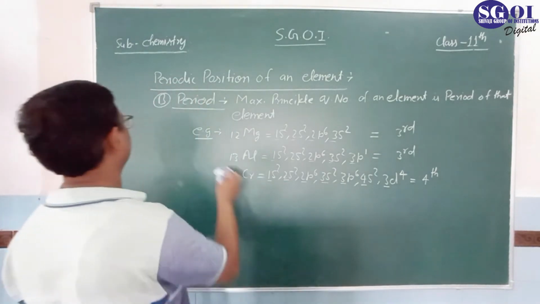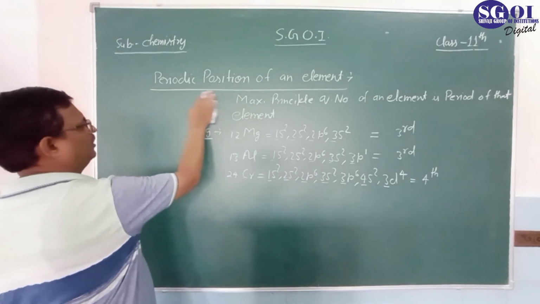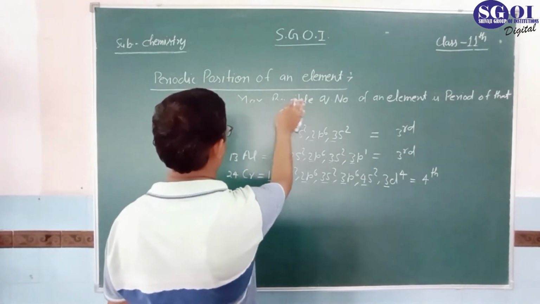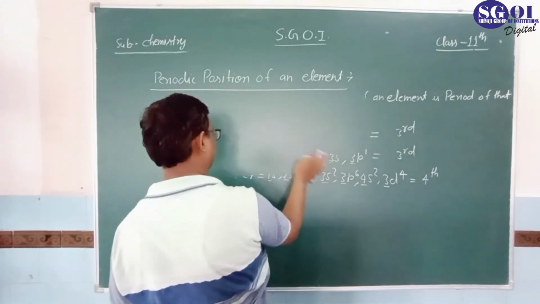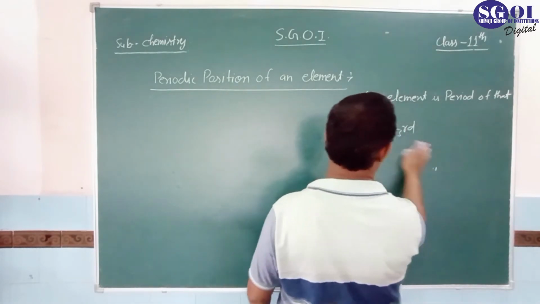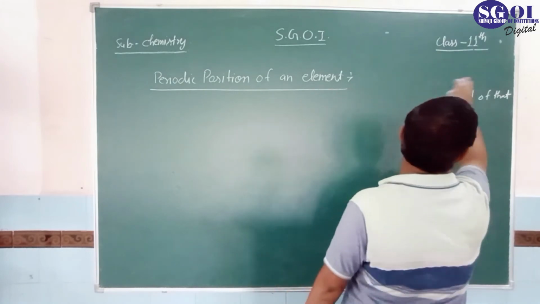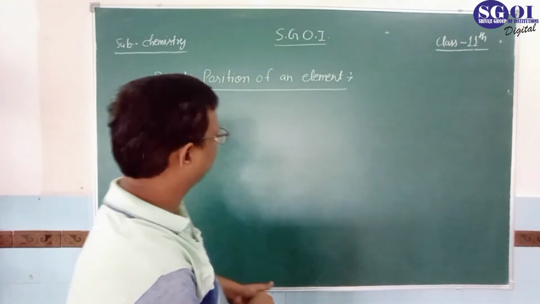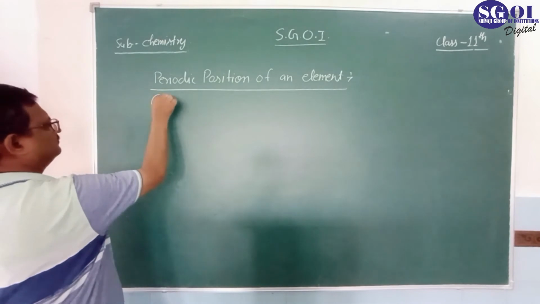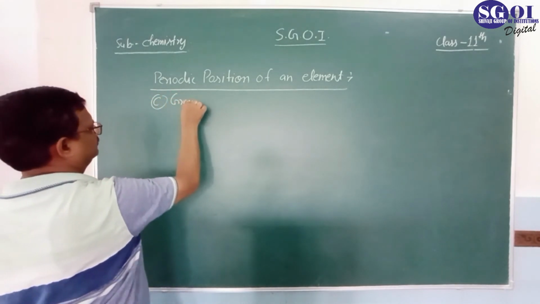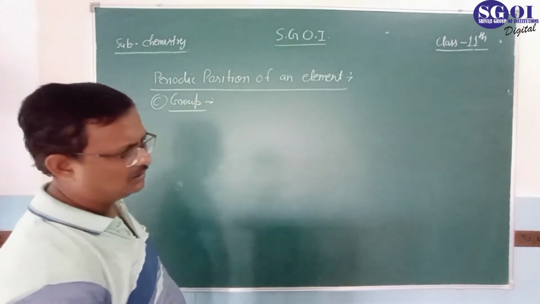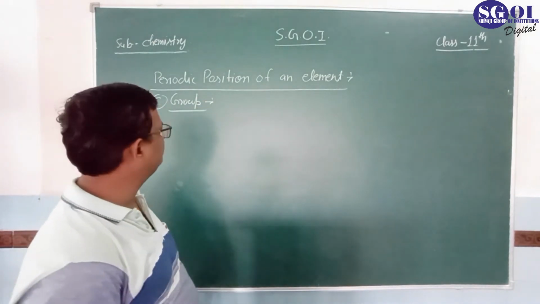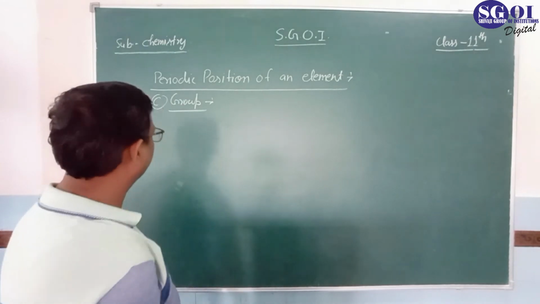Now, the third rule is for group. This is important. Group information. There are 3 rules for the group calculation.